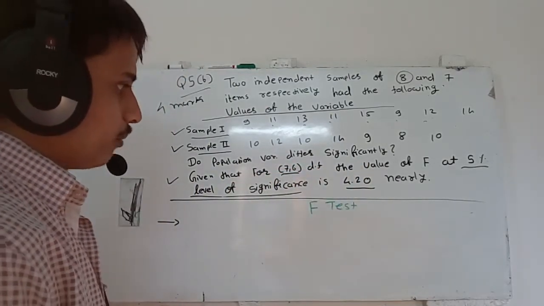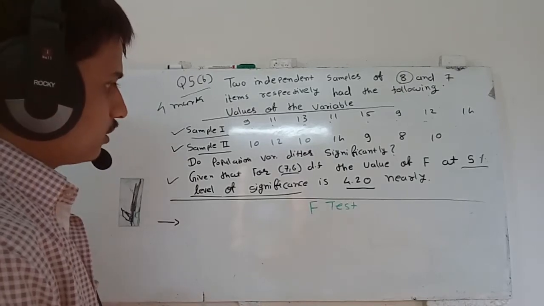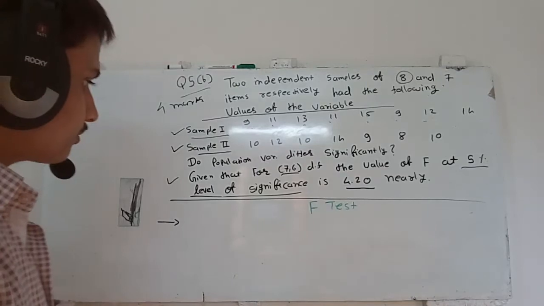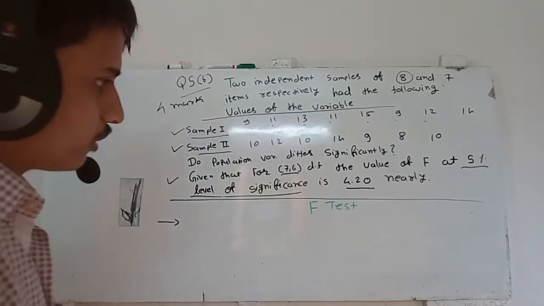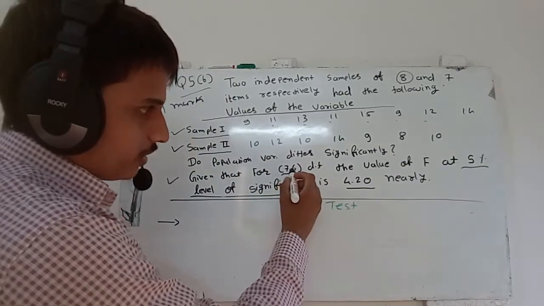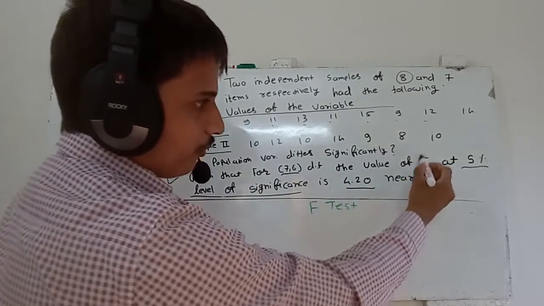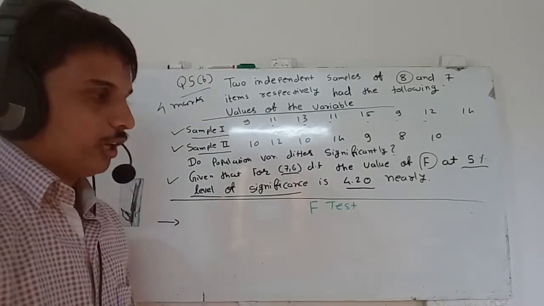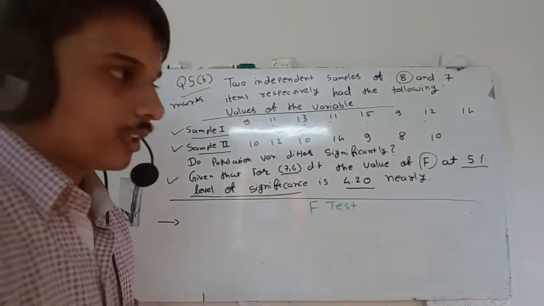So we have to determine whether the population variances differ significantly or not. And to answer this question, we are also given that for degrees of freedom 7 and 6, the value of F at 5% level of significance is 4.20 approximately.